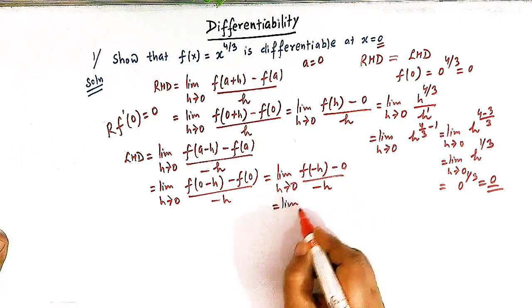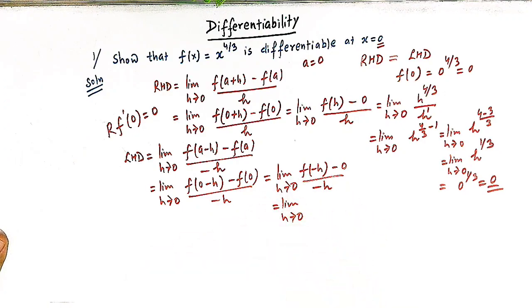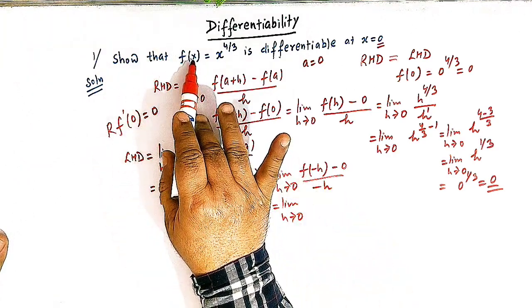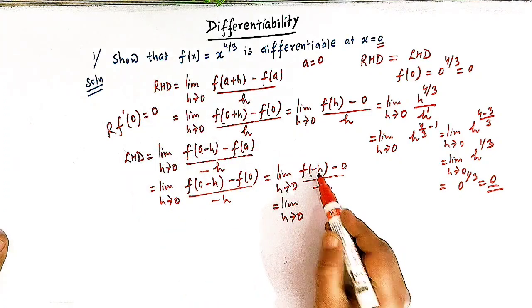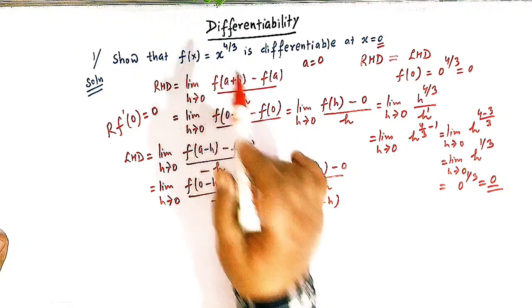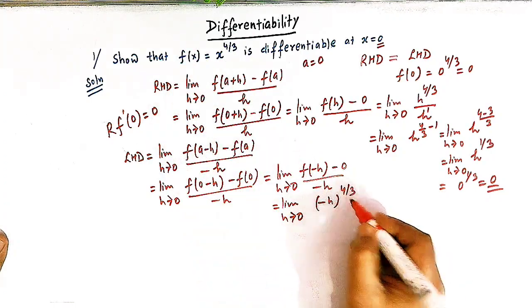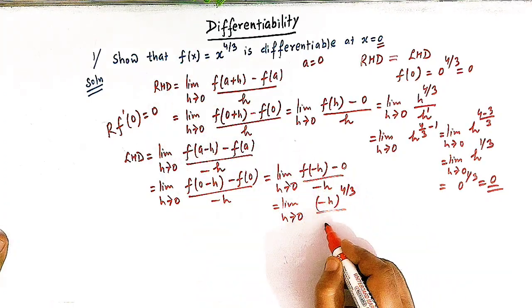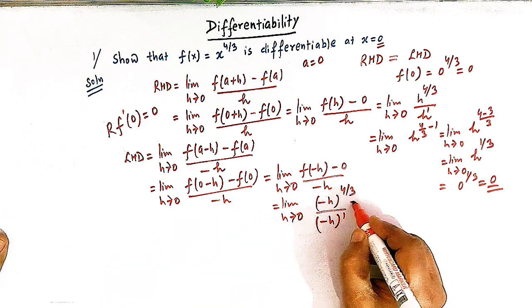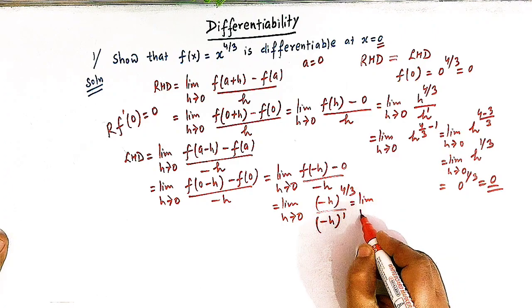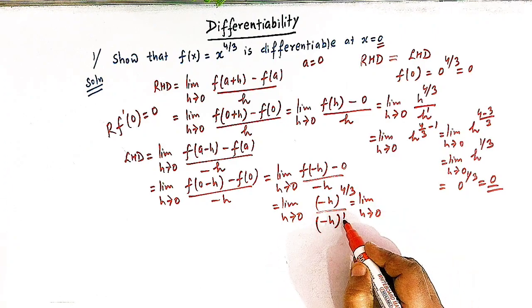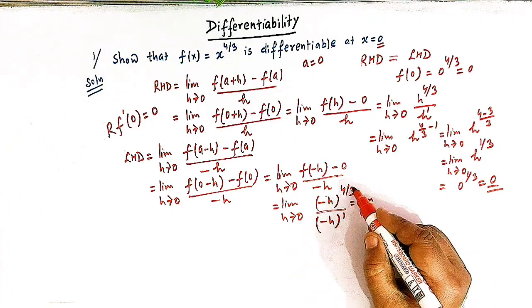Now we have limit h tends to 0. f of minus h can be obtained by replacing x by minus h. So we have minus h raised to 4 over 3, and in the denominator we have minus h raised to 1, right? So again, applying the laws of exponents, we can take minus h raised to 1 to the numerator.